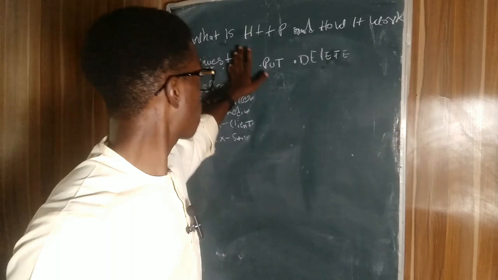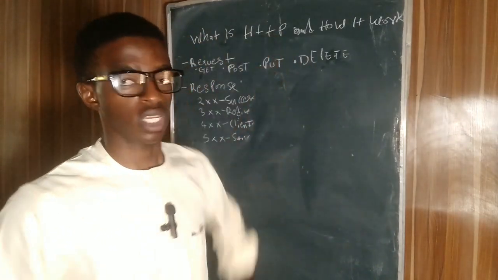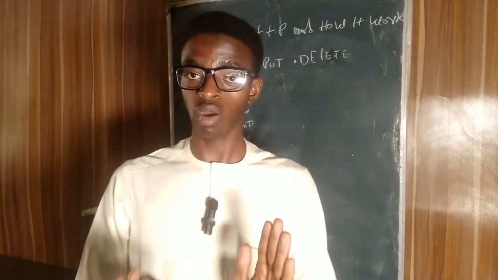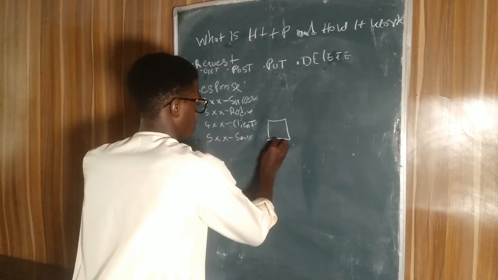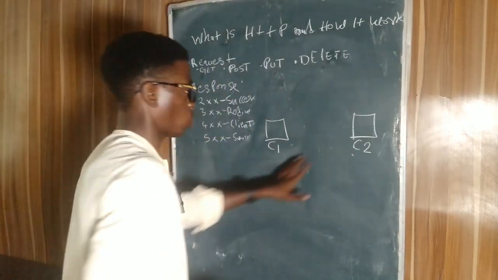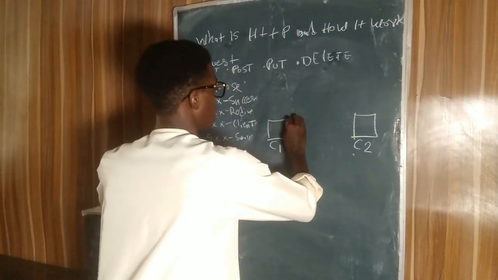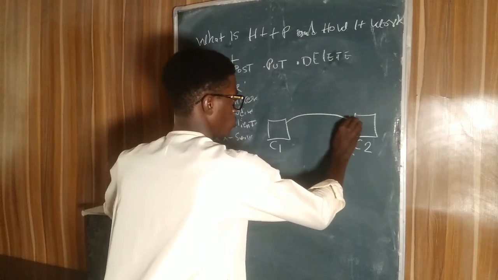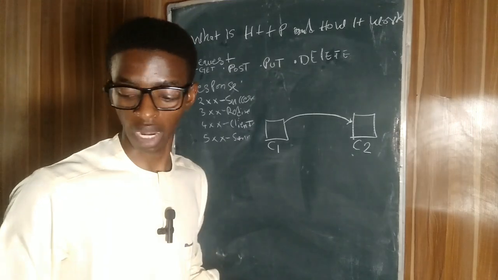We don't know the name of that protocol, but what about the HTTP protocol? This is how the HTTP protocol works. You have a computer here, computer 1, and then you have another computer here, which is called computer 2. This computer 1 will make a request to this computer 2, telling it, okay, I want some file.